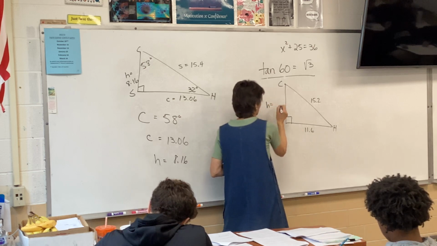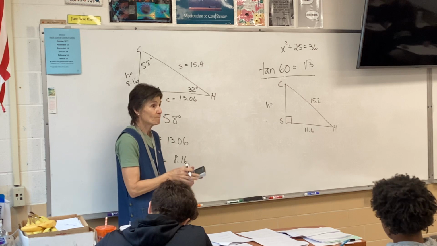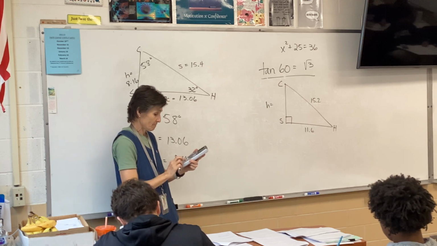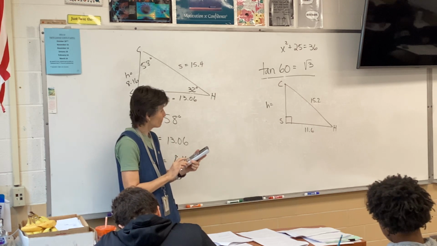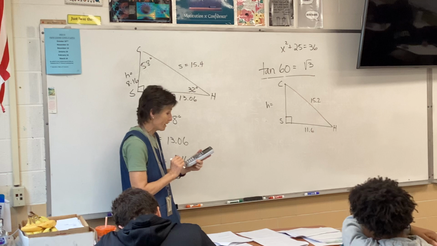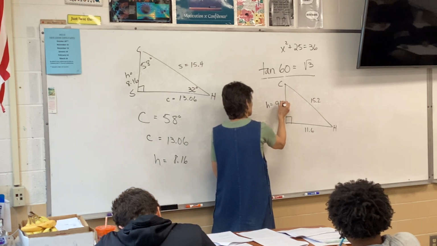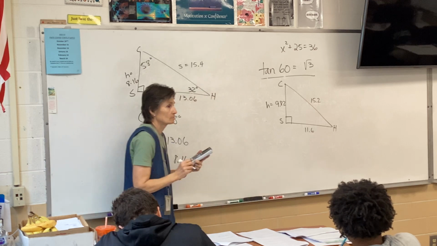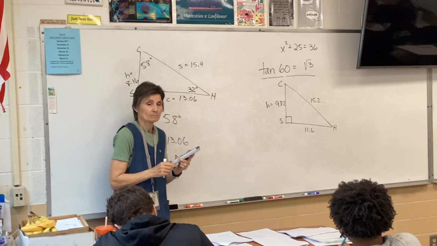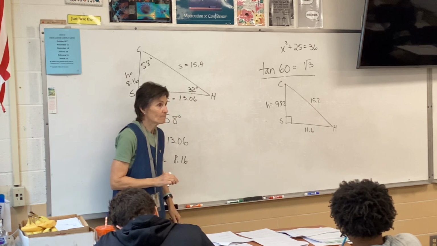So can we use the Pythagorean theorem without issue this time? Yeah. So 15.2 squared minus 11.6 squared, and then I'll square root that. I got 9.82. Did I do okay? Yeah.